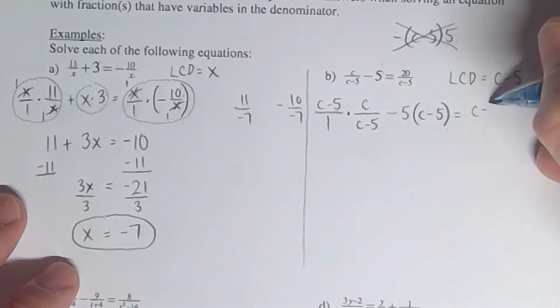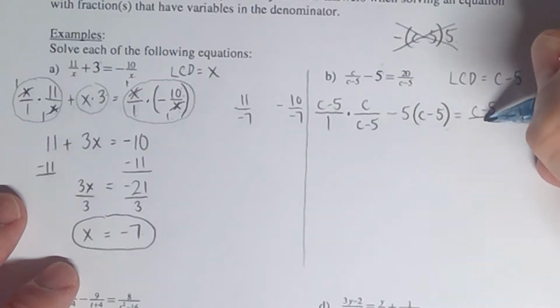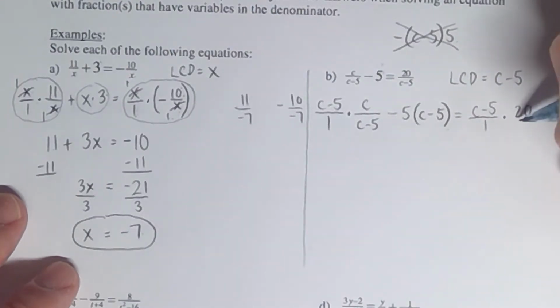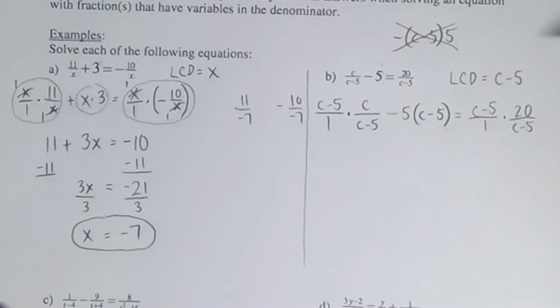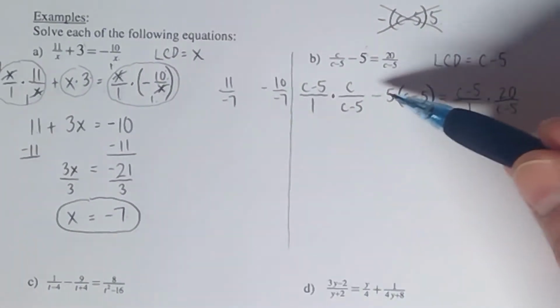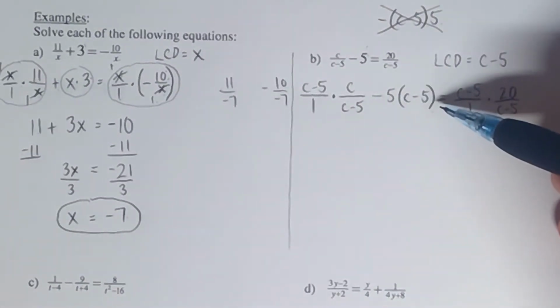This last one here, just like in the last problem, if you have just a single fraction on one side of the equal sign, you just multiply by the LCD. You don't need to put a bracket around this. Like I said, that was just when you don't have fractions.